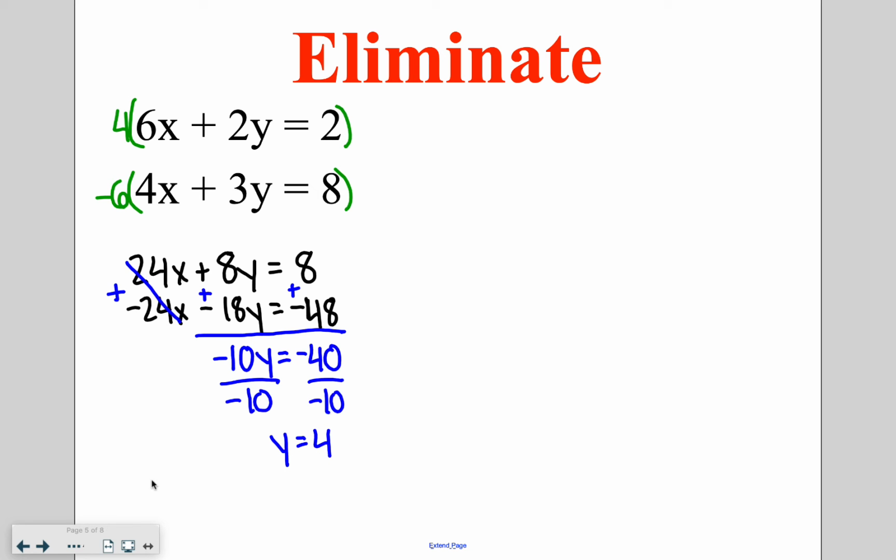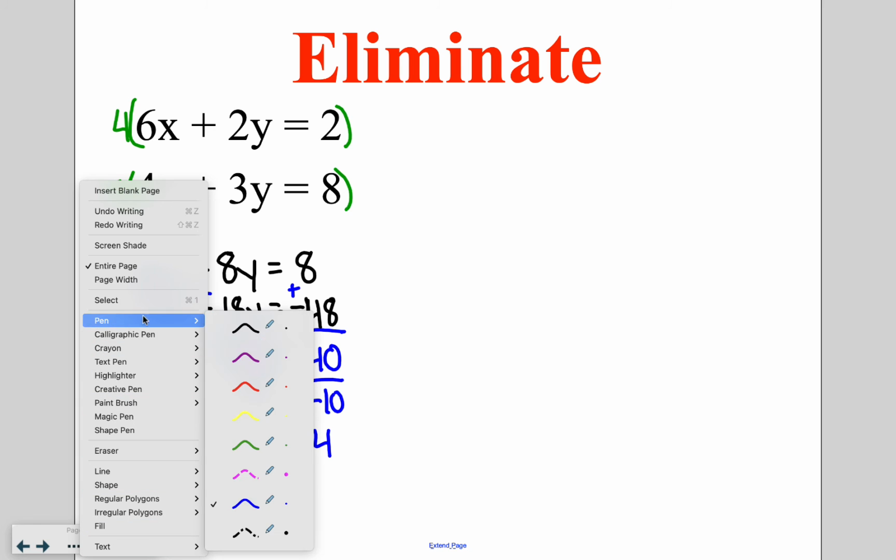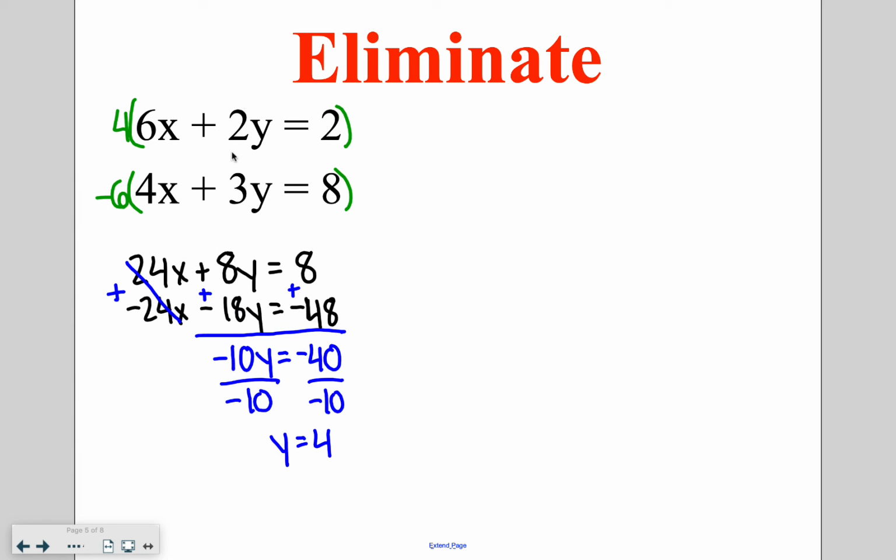Once again, I want to plug this back in to find my second variable. You can pick either of the original expressions. I'm going to go ahead and pick the bottom one this time. So I'm going to go 4x plus 3 times 4 is equal to 8. So I end up with 4x plus 12 is equal to 8.